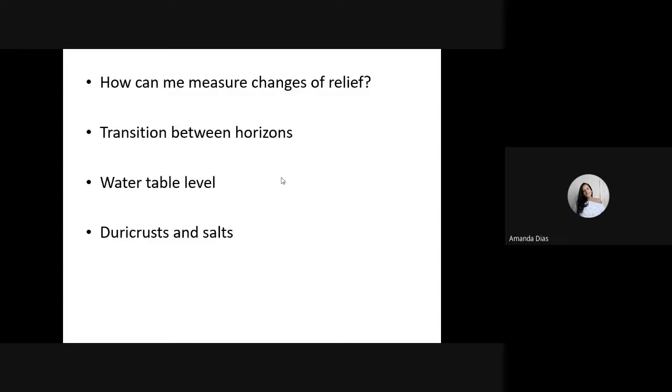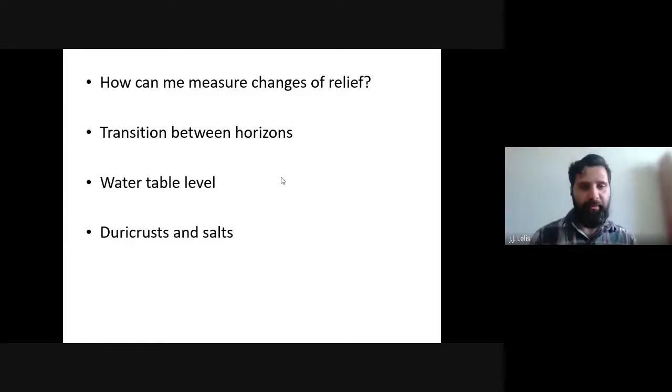Amanda asked if we can always find the crusts and salts in subsurface horizons. Is it?